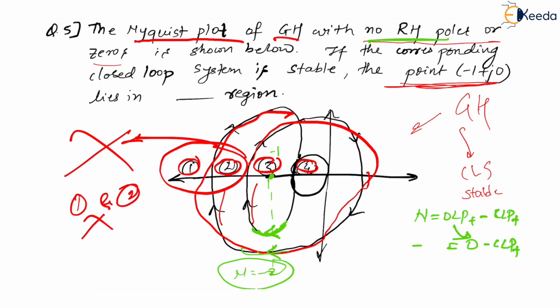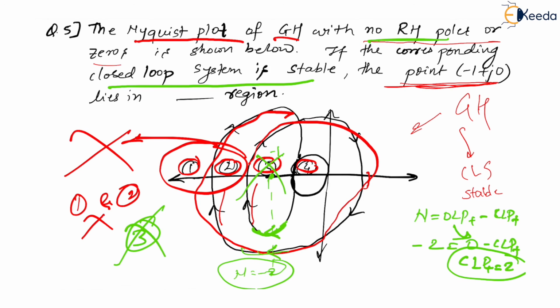So if the encirclements are minus 2, there are two closed loop poles existing, which means the system is unstable. But they have given that the corresponding closed loop system is stable, which means this cannot be the point. 3 is also not the point. So if 1 is not the region and 2 is not the region, then definitely 4 has to be the region. The fourth region is the answer.